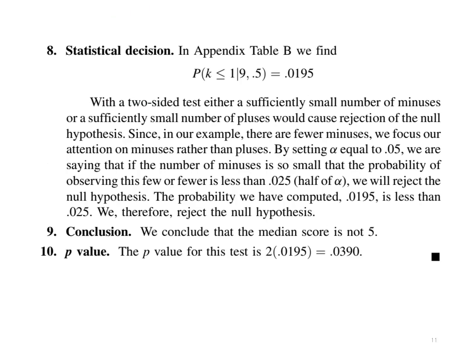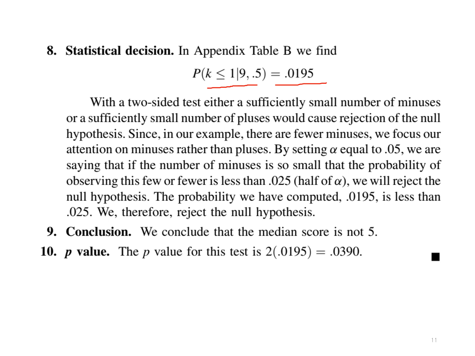So this probability is very low. The previous calculation was done by hand, but another way is to look at the binomial distribution table, and then we can get this probability. With total sample size n, p is 0.5, and k is the number of minus signs, up to 1.